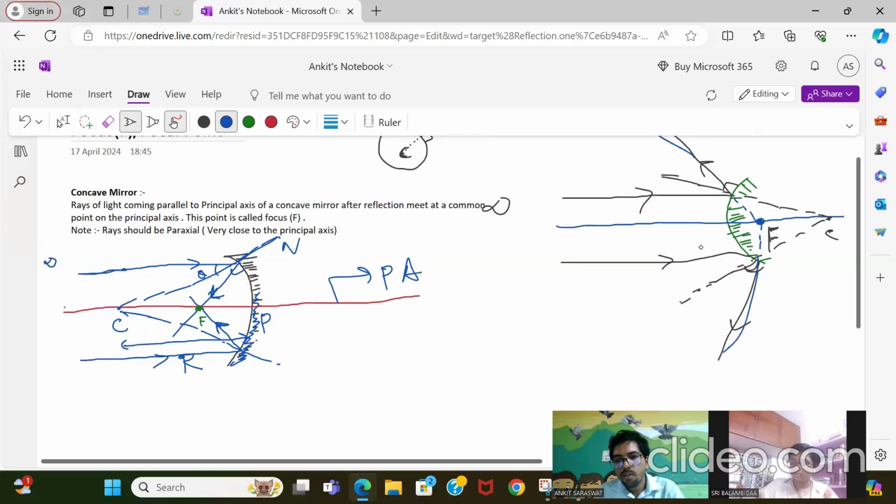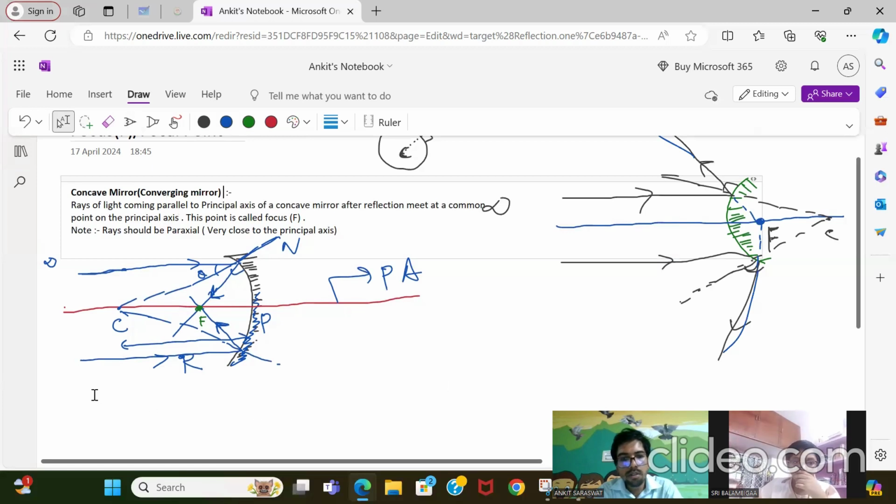So this is known as a diverging mirror, not lens. It is a mirror. The concave mirror is known as a converging mirror because it always converges the reflected rays, while the convex mirror always diverges the reflected rays. So you can write in brackets: concave mirror is also known as converging mirror.